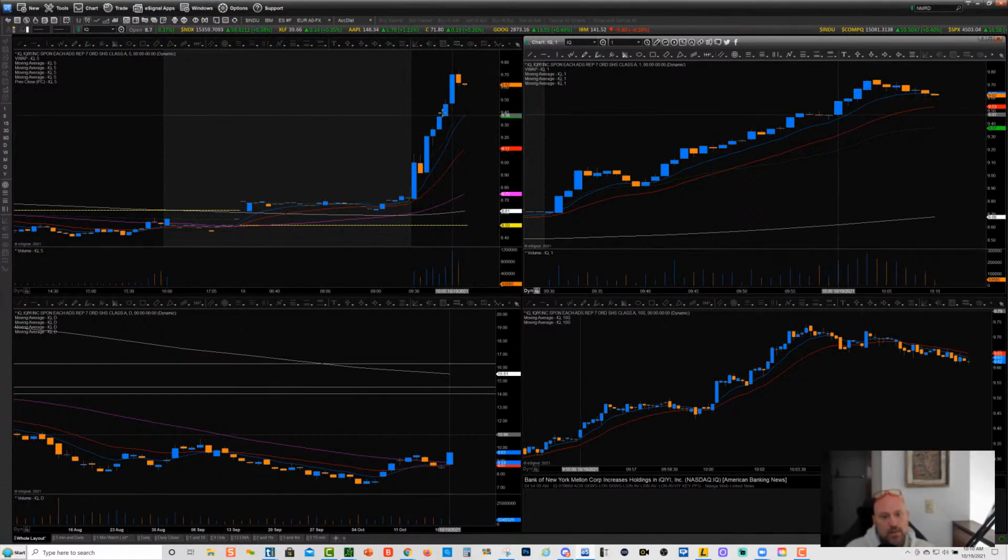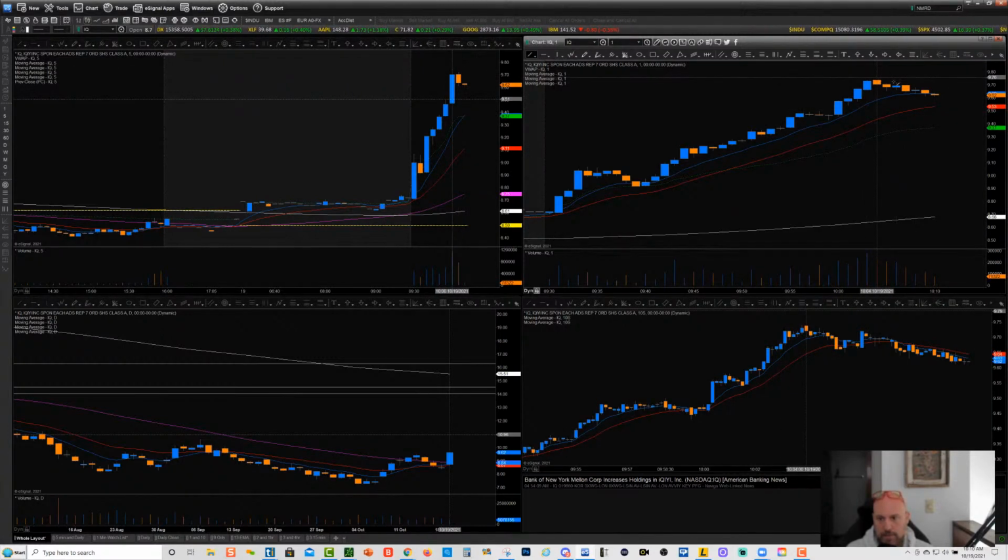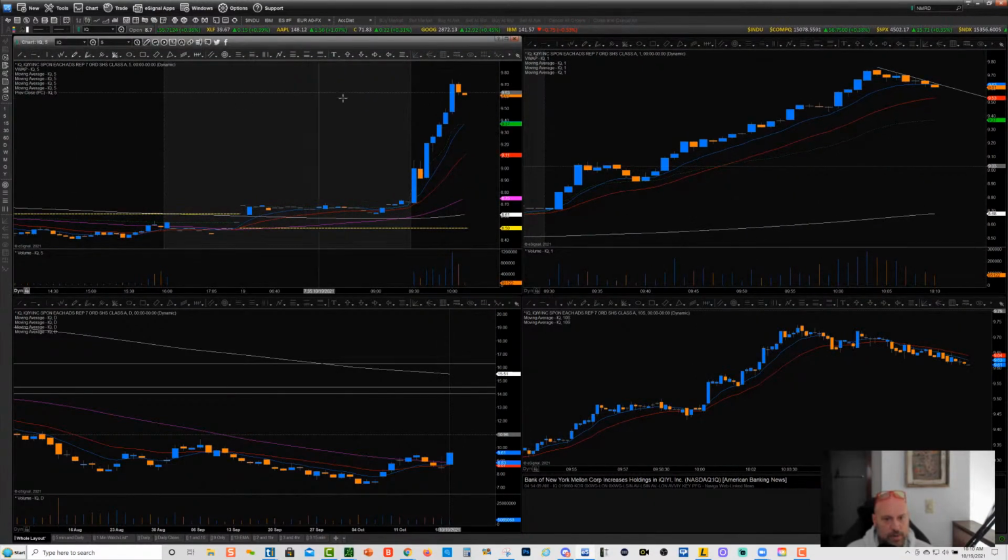Sometimes you'll get just this pullback and this thing will rip up. If I'm drilling down on this one, I'd say, okay, possible bull flag. I keep an eye on this 950 level right over here.